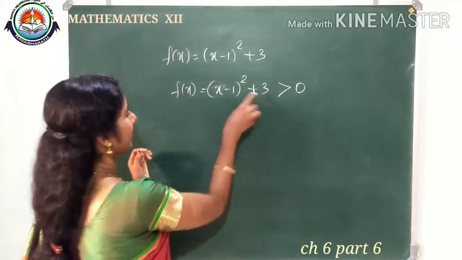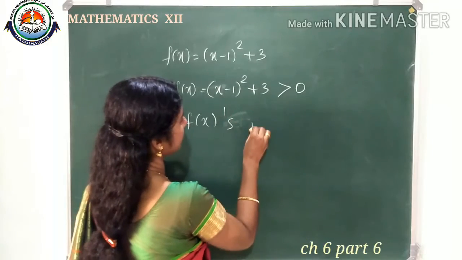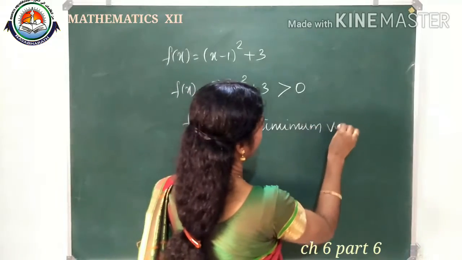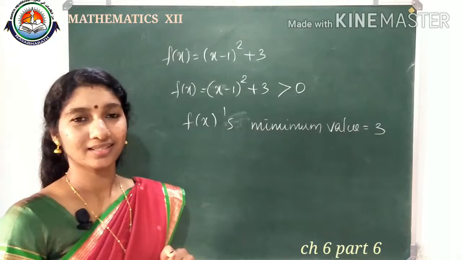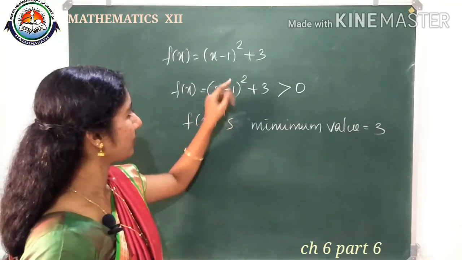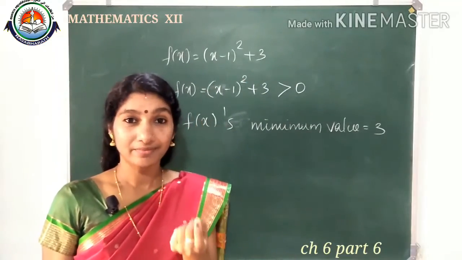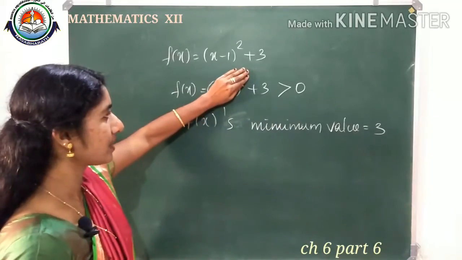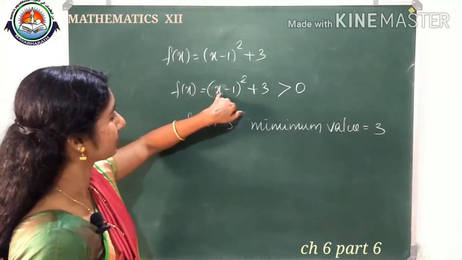So the minimum value of f of x is equal to 3. At what time are we getting it? When x equal to 1, substituting, 1 minus 1 whole square is equal to 0. As a perfect square number, the minimum value will be 0 only. We cannot make it negative. At what time do we get it equal to 0? When x equal to 1.